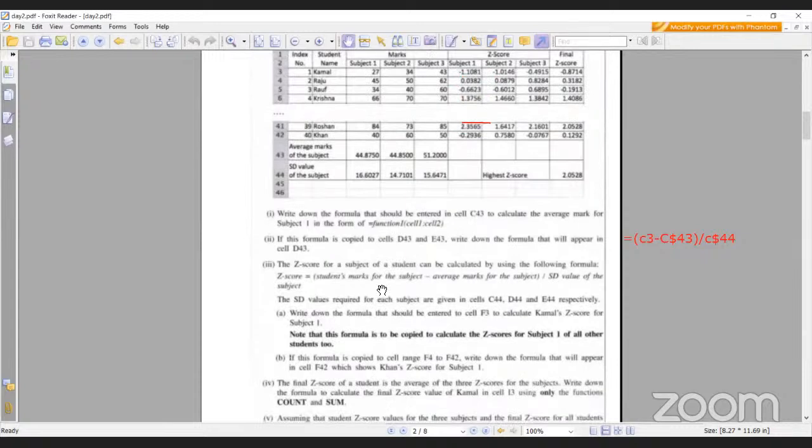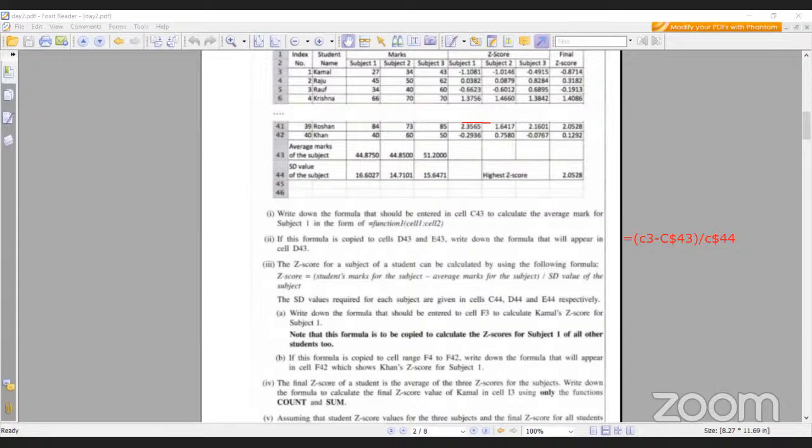Part B. If this formula is copied to cell range F4 to F42, write down the formula that will appear in cell F42, which shows the Z score of a discover subject. So what do you have to change? Is your average changing? No, it's not changing. So you put equal C42 minus C$43, instead of C3.